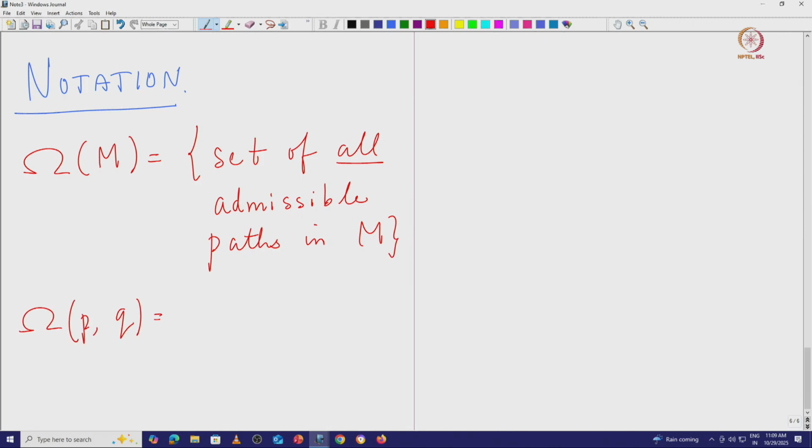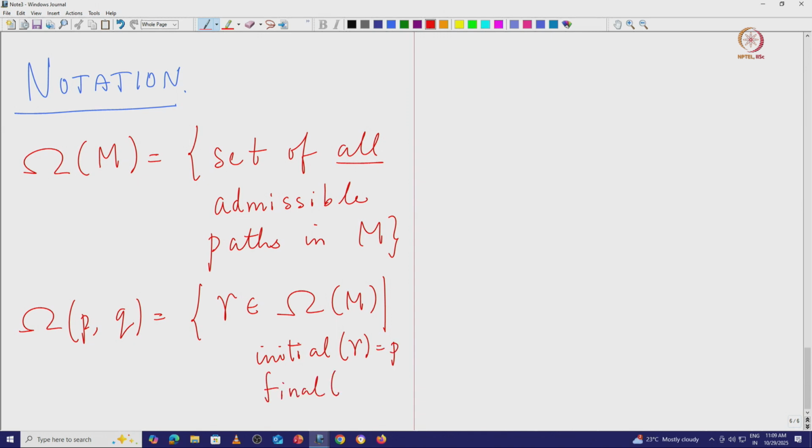Omega p comma q is the set of all gamma in omega m such that the initial point of gamma is p and the final point of gamma is q.